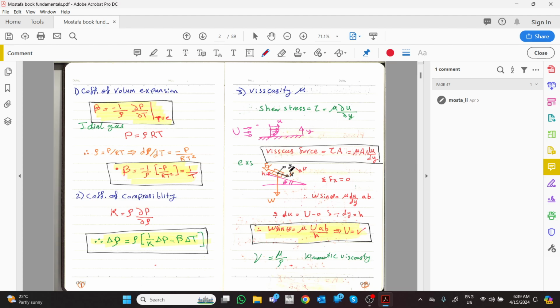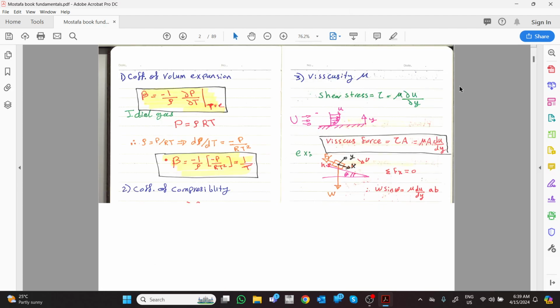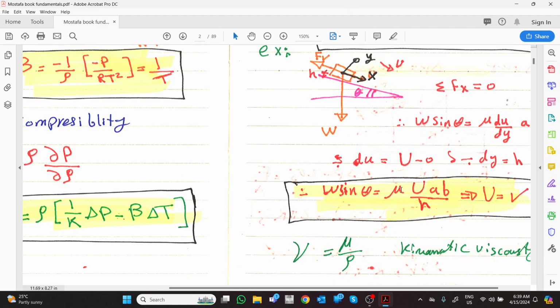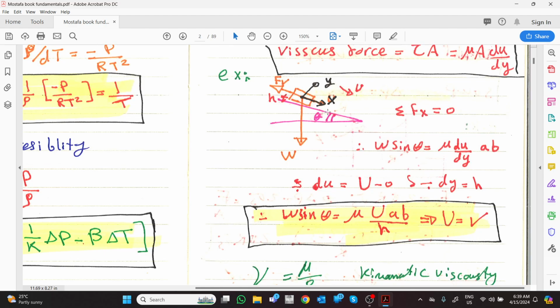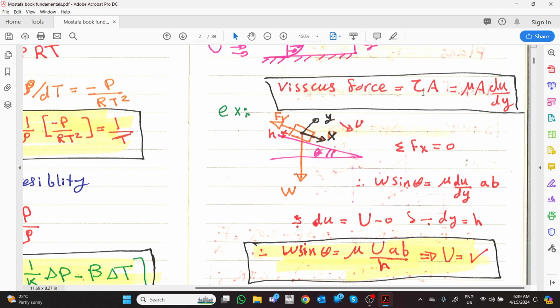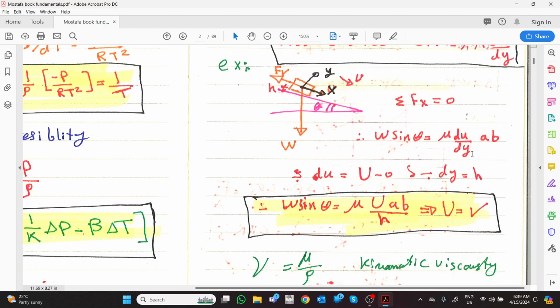An example: if we have an inclined surface with theta, so there's W, put the W in the theta direction, it will be sine. In x, sigma x should be equal to 0. And this is the shear force as we discussed before. It's very simple.